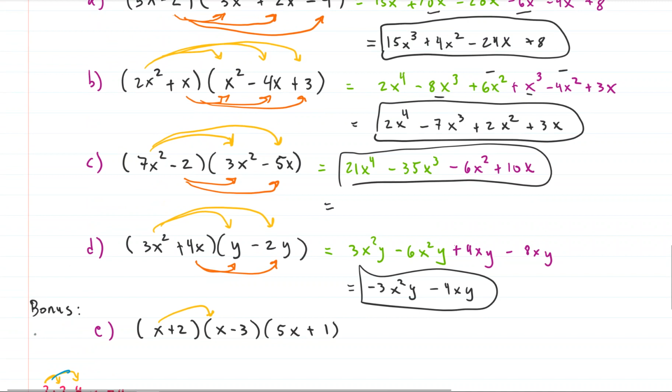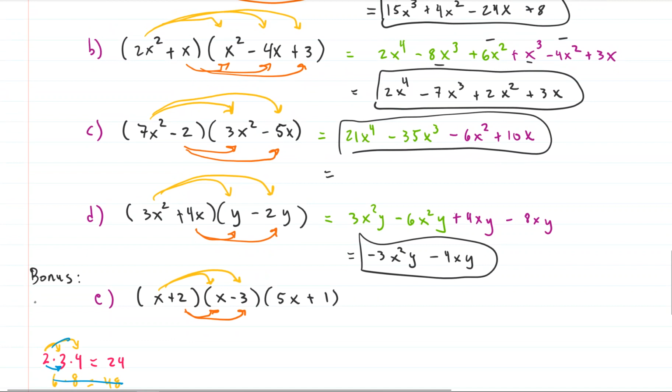We're multiplying the x plus 2 by the x minus 3, and I'm just drawing our normal distribution arrows. X times x is x squared. X times negative 3 is negative 3x. 2 times x is 2x. 2 times negative 3 is negative 6.